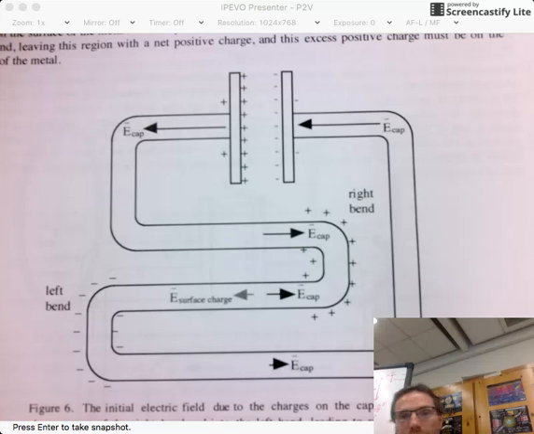I thought this was fascinating, and it really made sense to me that the surface charge buildup would then cause the electric field to move in the direction that would correspond to the conventional current, whereas the electric field developed by the capacitor seems to be at odds with the direction of the conventional current flow.